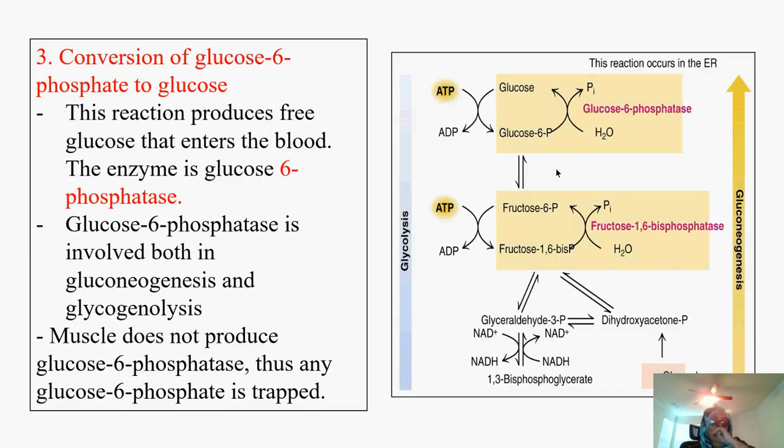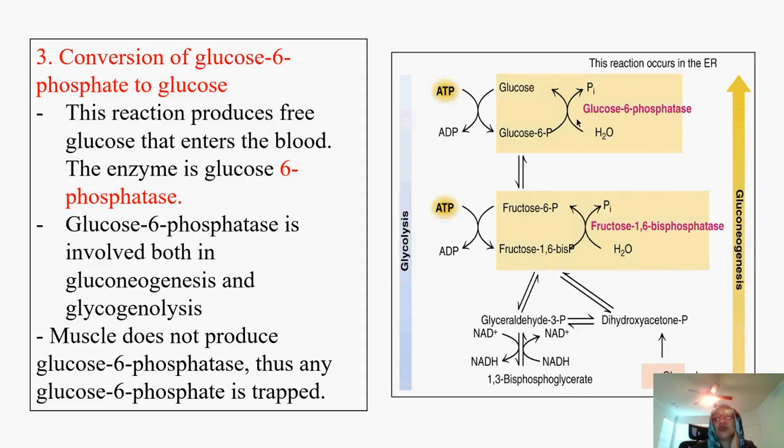Okay, so we could ask a question, for example, why are some other organs unable to synthesize glucose by gluconeogenesis and maintain the blood glucose level? An example here is muscles. Muscles do not have this enzyme. Glucose 6-phosphatase is missing. Muscles do not have it at all.